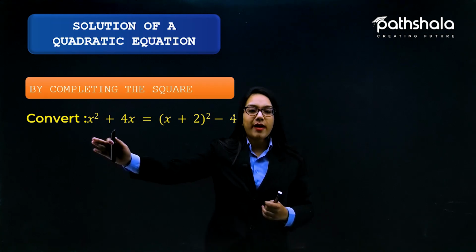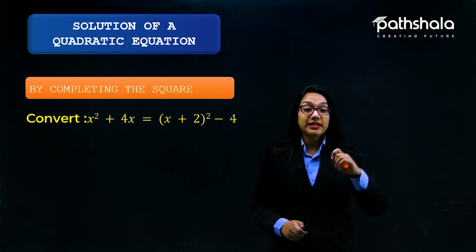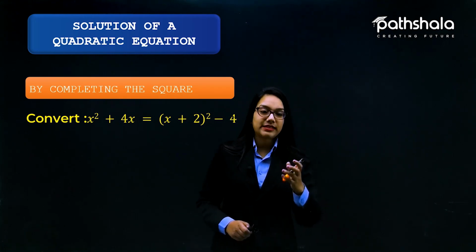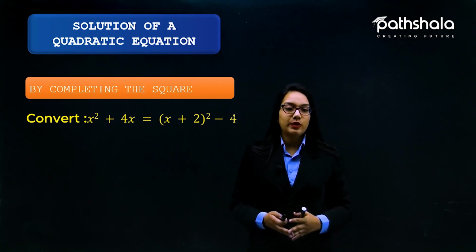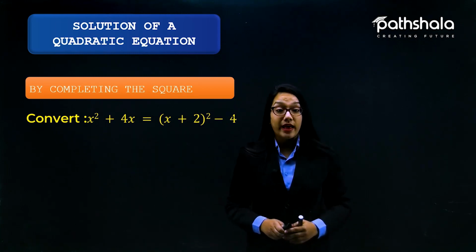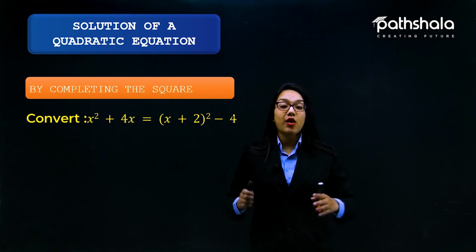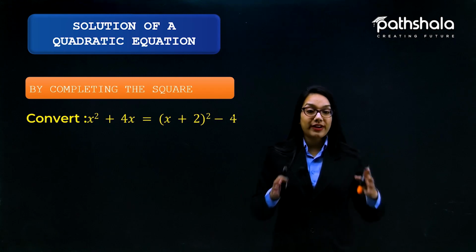Let us suppose I am taking x square as nothing but a square having sides x and x. Obviously, if we are talking about a square, then the sides of the square are equal to each other. And I am taking 4x as nothing but the area of a rectangle.